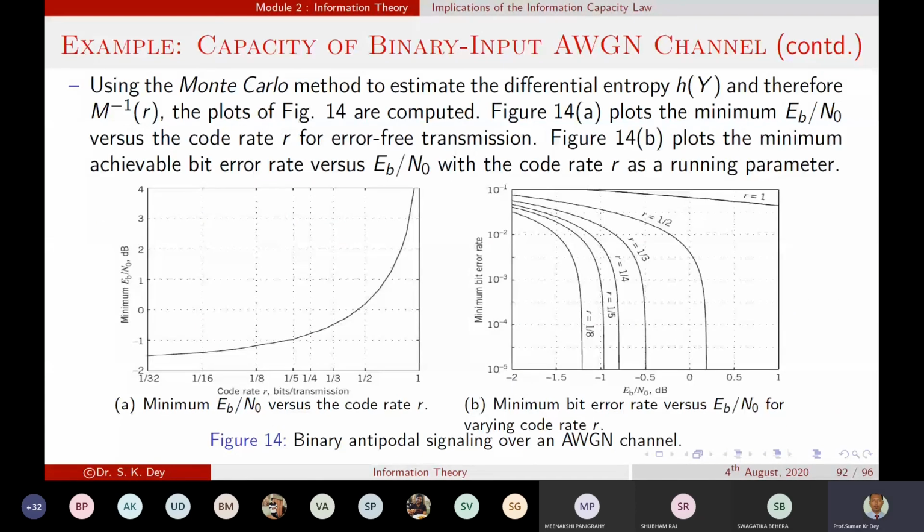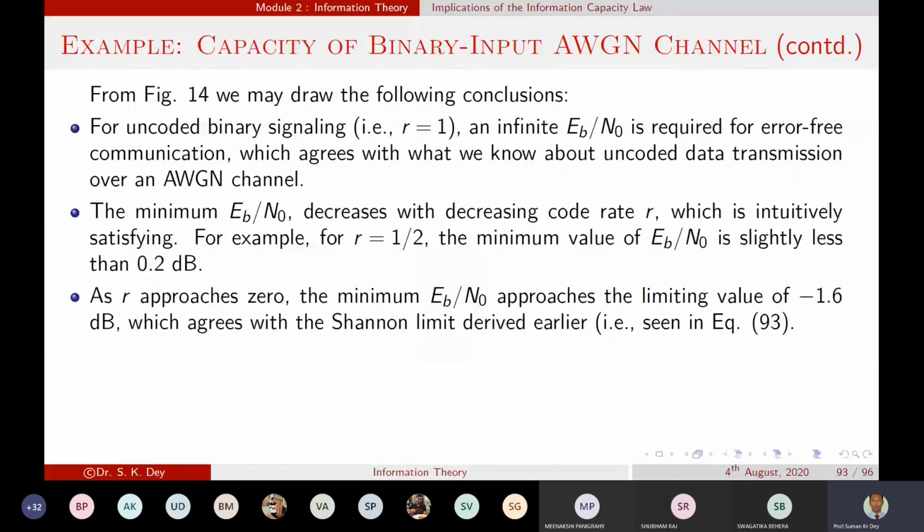Do you remember or not? Forgot? All of you forgot? Anyone remember? Okay. Basically, C equal to B into log 1 plus SNR.